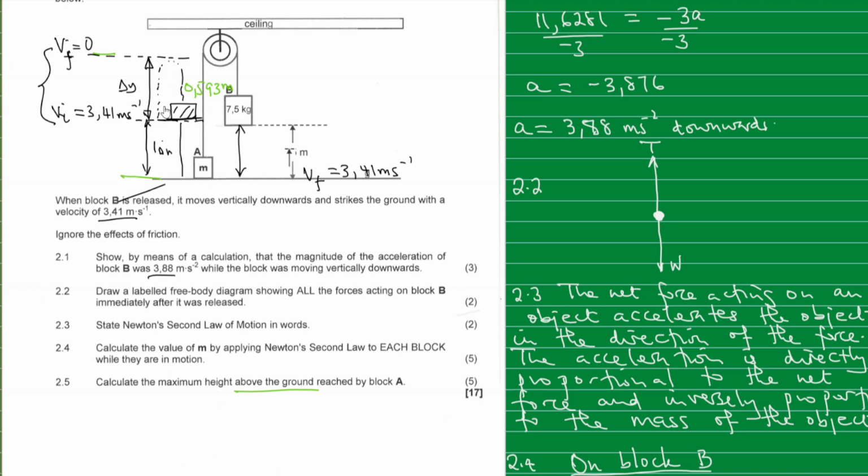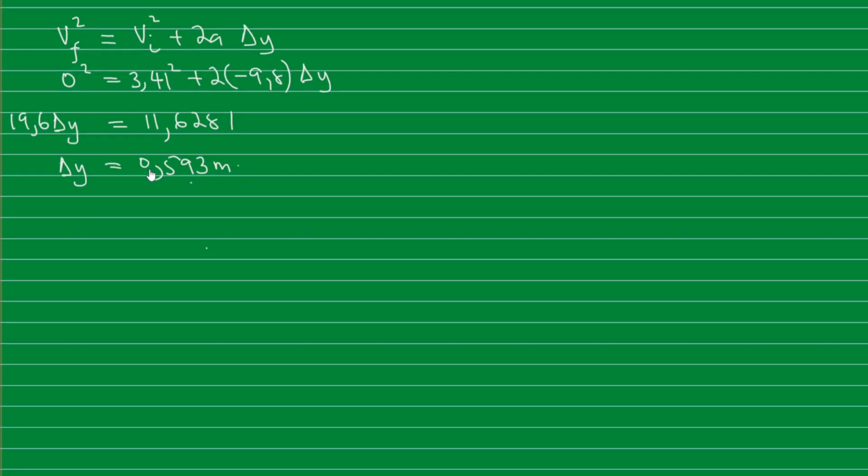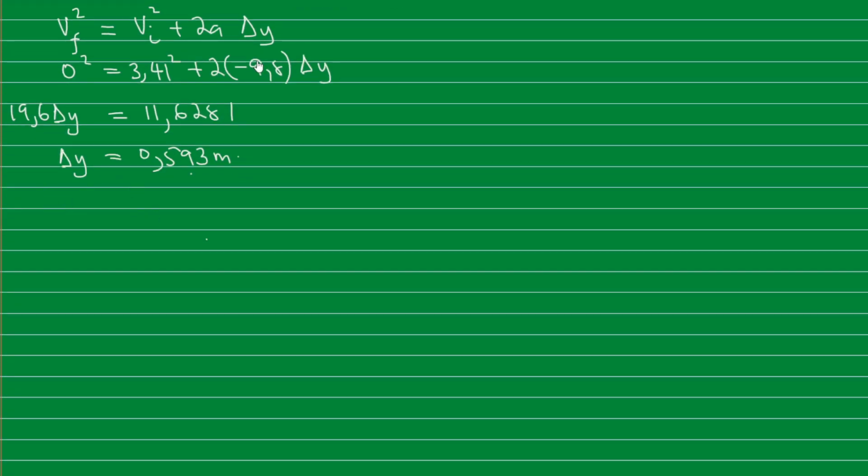The distance we calculated is from this level up to the maximum point, so we have to add 1.5 plus 0.593.